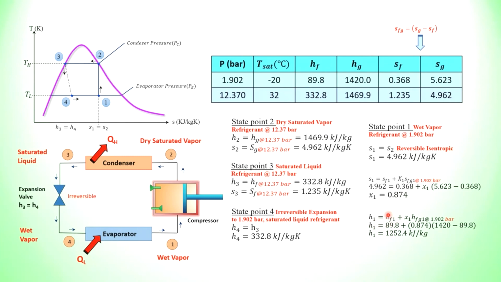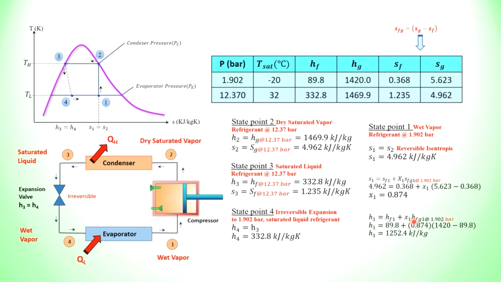So H1 equals HF1 plus X, which is the dryness fraction or the quality of the vapor, times HFG1. This is not steam, yeah. We are not looking at H2O. We are looking at some other type of substance, so we call it vapor.